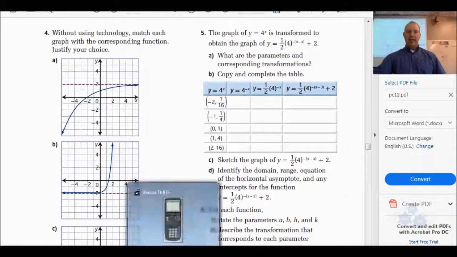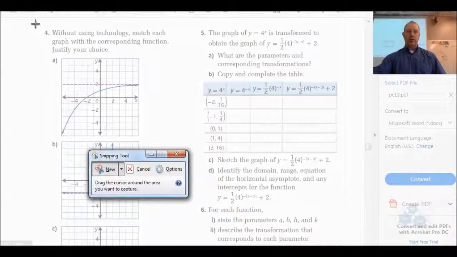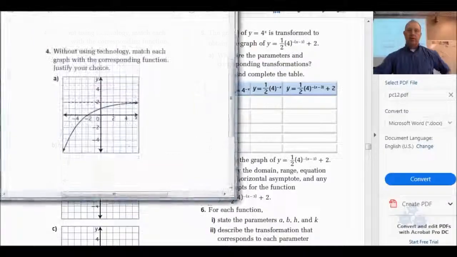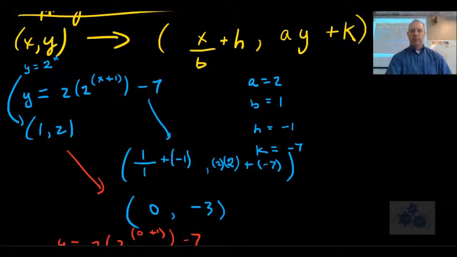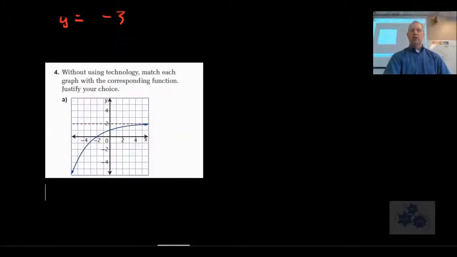Again, what I'll do is I'll just clip this into the notes. Let's bring that over. So this is what I'm seeing with this one. It looks like it has come from a flip like this, right?